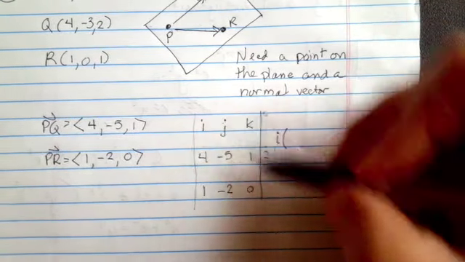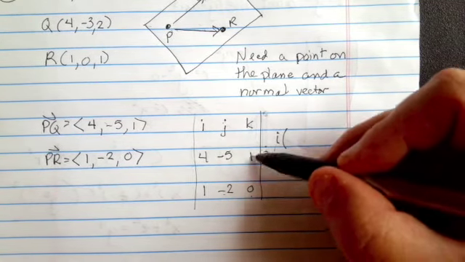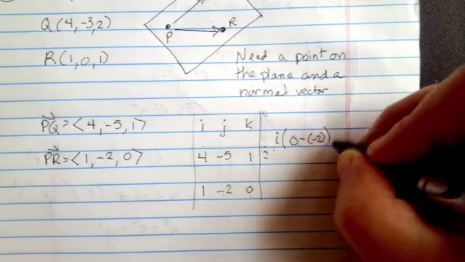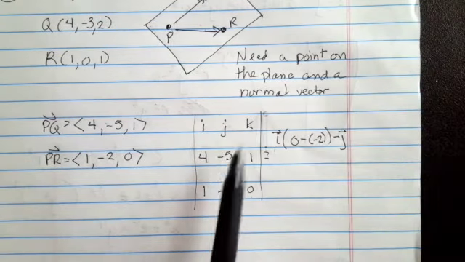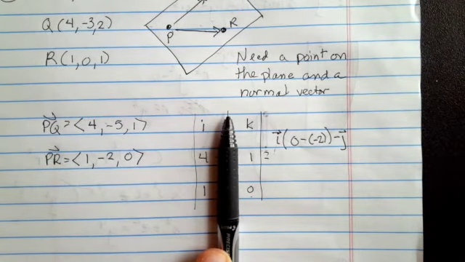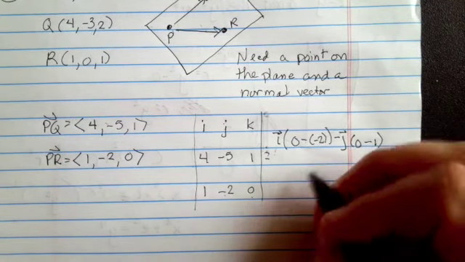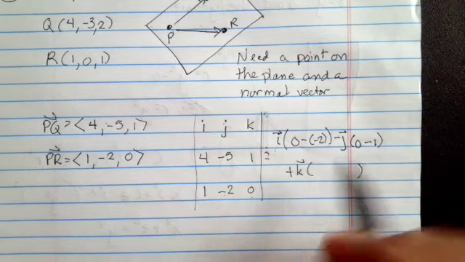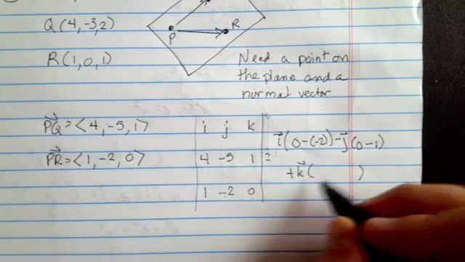So we're going to have i times negative 5 times 0 minus negative 2 times 1, minus j times 4 times 0 minus 1 times 1, and then we're going to have k times negative 8 minus negative 5.